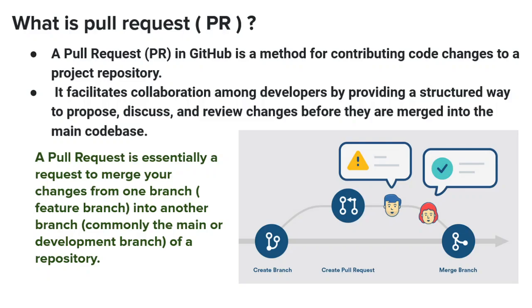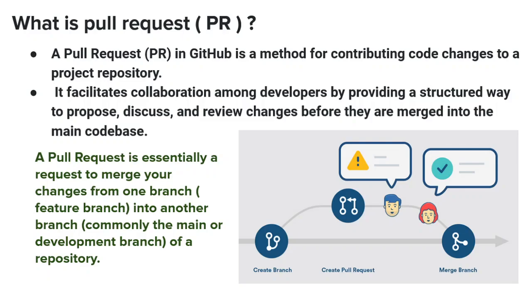Then they will write their code in that feature branch. They will modify the files and can add new files in that feature branch in isolation. And once all their changes are completed in the feature branch, the next step is to merge that feature branch into the main branch.